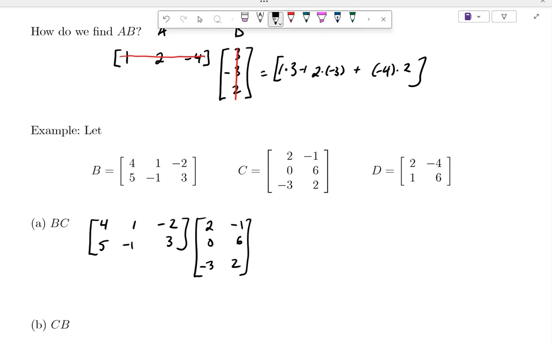Okay. So how do we fill out each of those entries? Well, it's the same idea. The first thing I'm going to do is match row 1 with column 1, which gives me the row 1, column 1 entry. So I'll have 4 times 2 plus 1 times 0 plus negative 2 times negative 3.